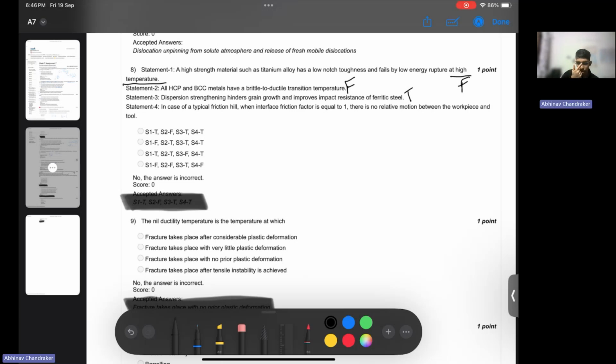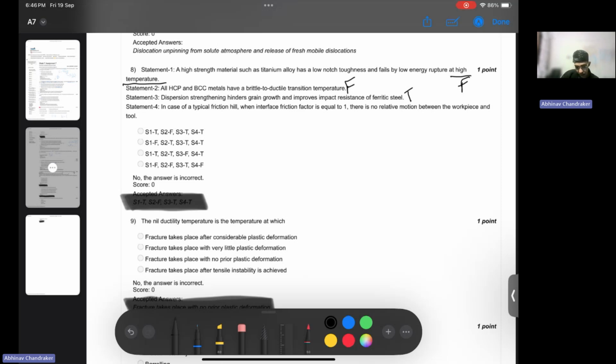When compression is going on, you want less friction so that the surface can slide very easily and expand in such a way that the overall deformation will be uniform. There will not be any bulging occurring in the middle. So you want the friction to be low, but if it is equal to 1, that means it's very high.